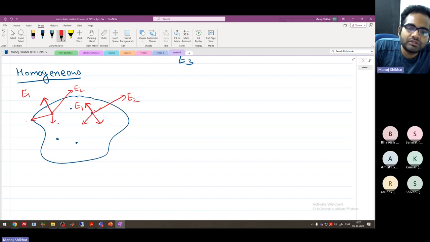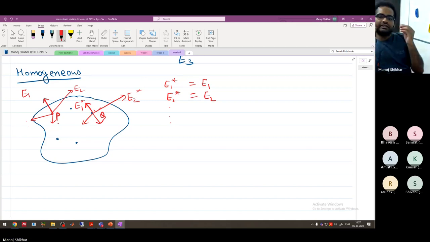Now, suppose this point is P and this is Q. If at point P I moved in a particular direction and I got some value of Young's modulus, and at point Q, I moved in the same direction, and if I get the same value, like if I get E1 only, suppose E1 star is equal to E1, E2 star is equal to E2, and so on.